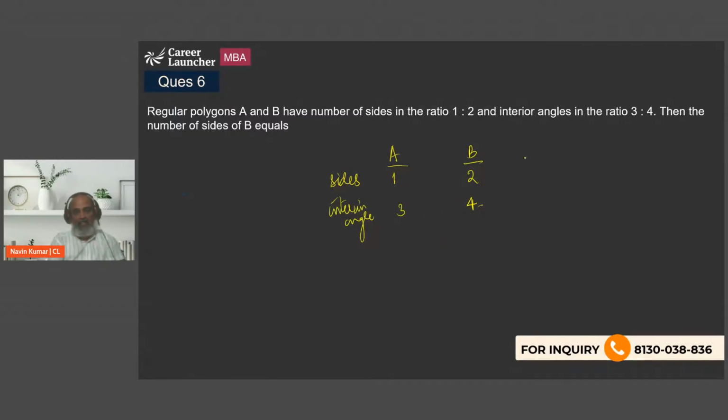So interior angle is given as 180 degrees minus 360 degrees upon the number of sides of the regular polygon, right?